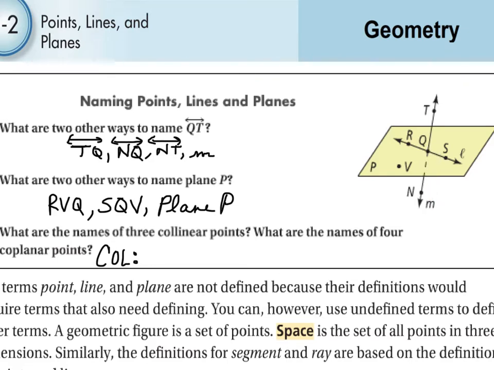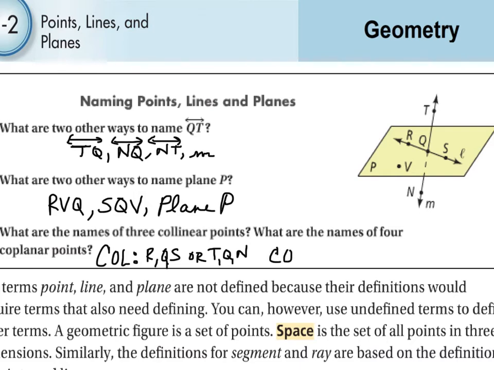So I've got R, Q, and S, or I could say T, Q, and N. Those guys are collinear.